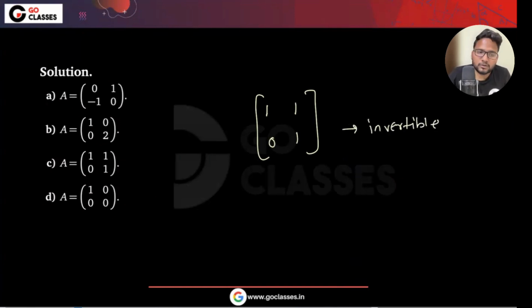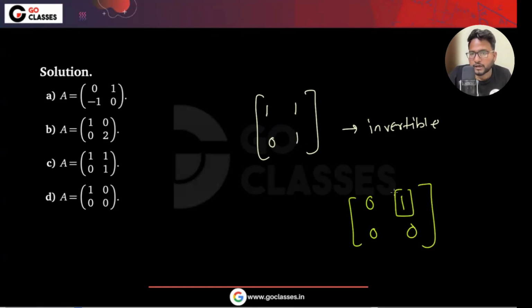Whenever you are making a matrix, keep it to 0 and 1. Keep it as simple as you can. You know that the eigenvalues are 1 and 1, so A minus I will be 0 1 0 0. Then there is only one free variable, so there will be just one linearly independent eigenvector.